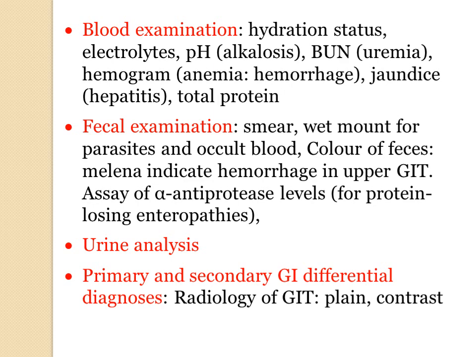Presence of blood urea nitrogen in blood, hemogram that suggests anemia or hemorrhage, presence of jaundice indicates hepatitis, total protein tells us about the pathology in the body.